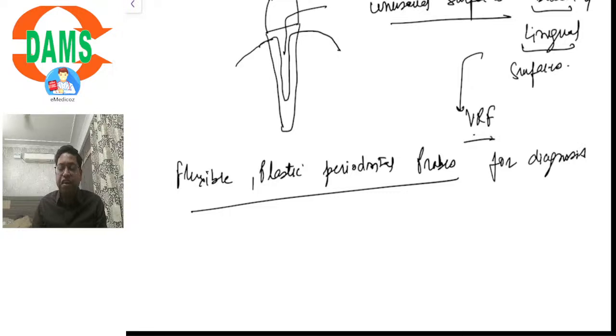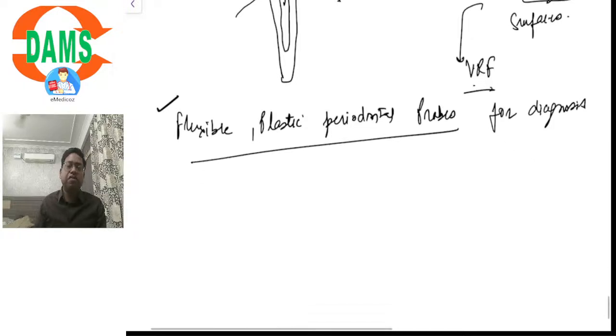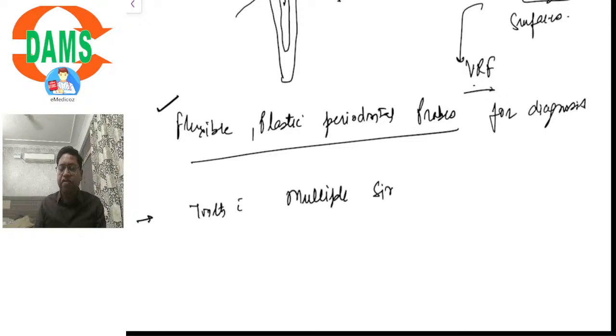But for cases of VRF pockets, which are narrow and isolated, we require flexible plastic probes so they can penetrate into the deep and narrow pockets easily. This is another diagnostic criterion. There is a case of vertical root fracture with development of narrow isolated periodontal pockets, which has progressed and leads to a tooth with multiple sinus tracts.